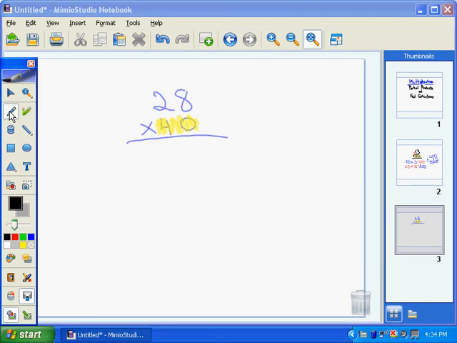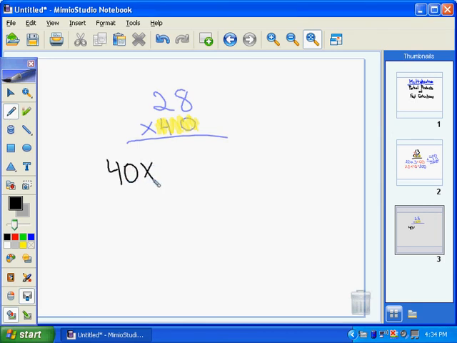And we're going to multiply that by our 8. So we're going to have 40 times 8 and 40 times 20, because this is in the tens and this is the ones. So 2 tens gives us our 20.